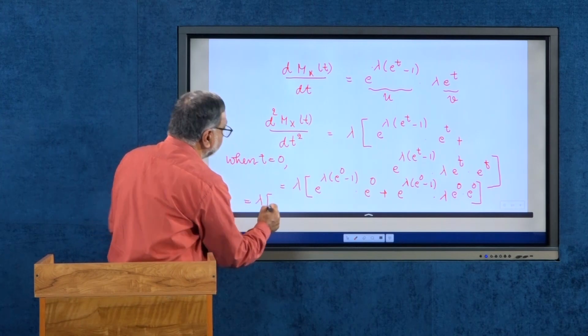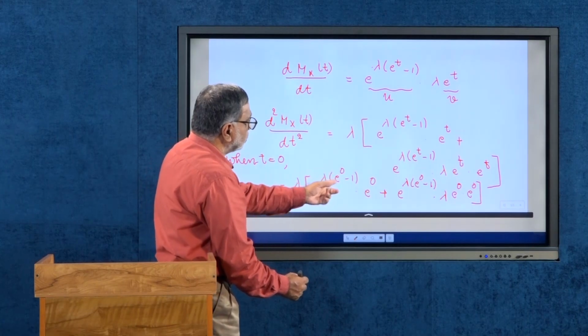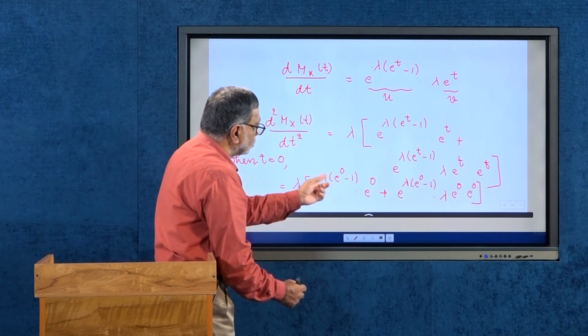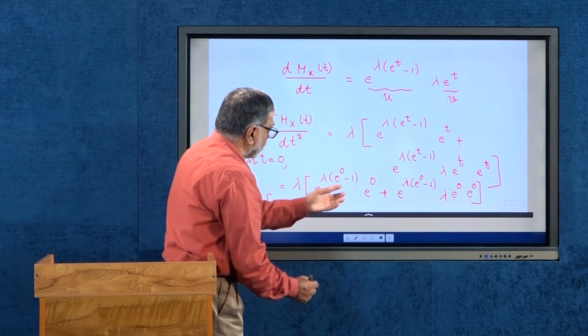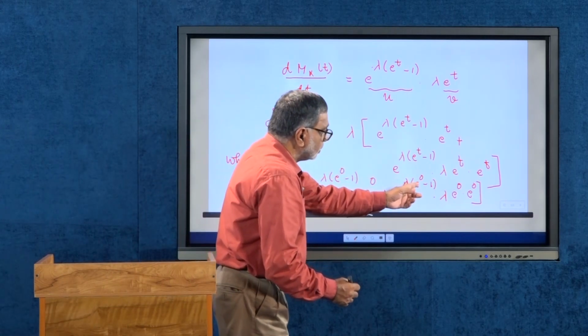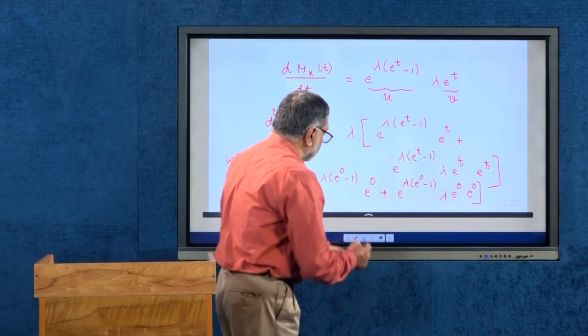Because e power 0 is 1, 1 minus 1 is 0, so the first term is 0, and e power 0 is 1, so the second term is lambda.